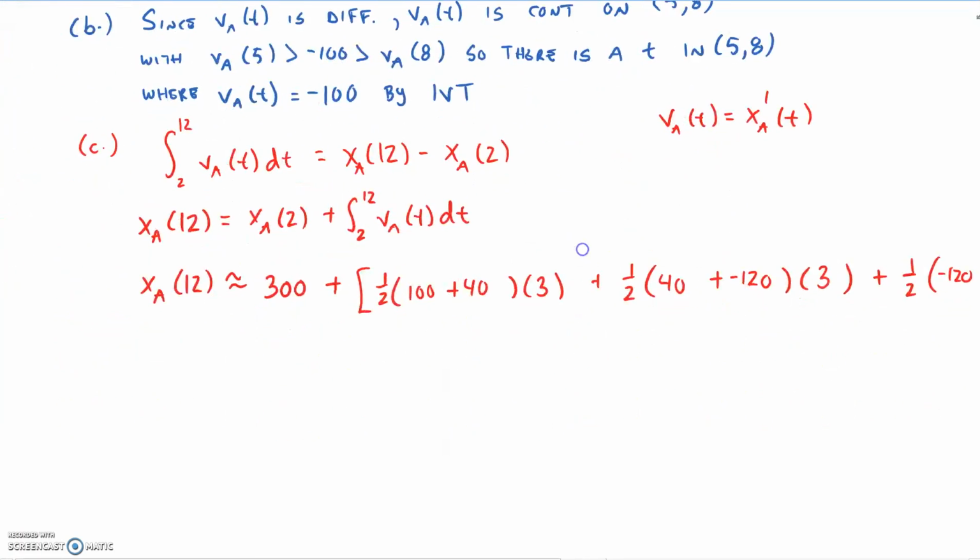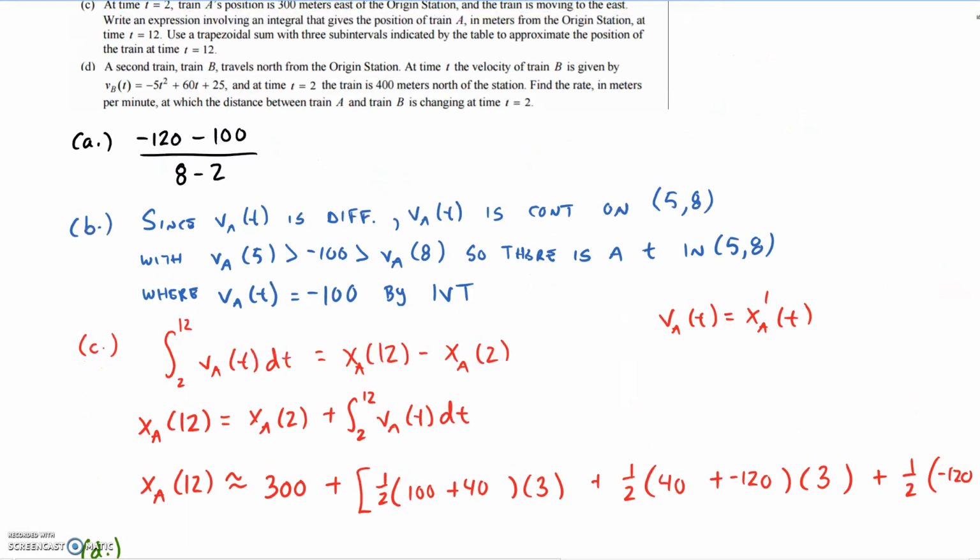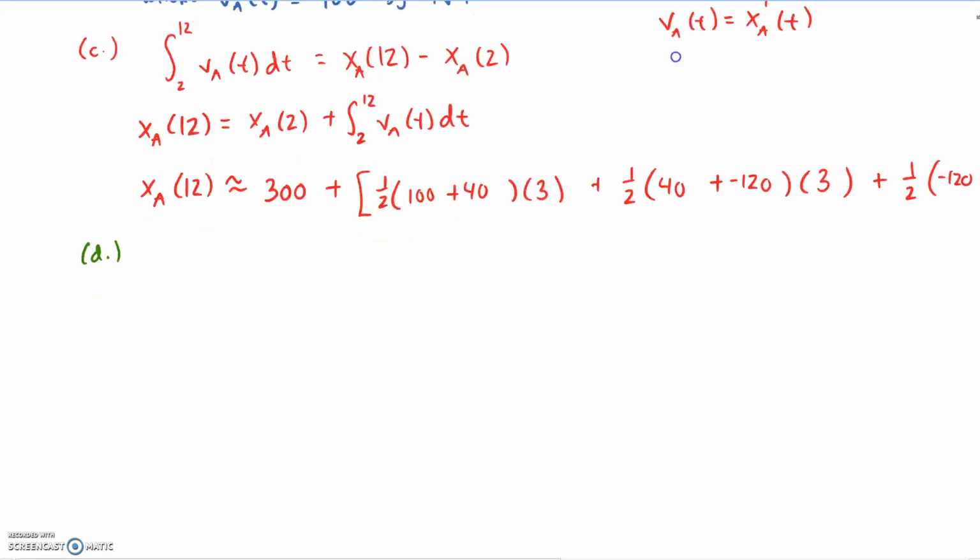And then the last part, part D. They tell us the second train travels north from origin station, and its velocity is given by this equation.